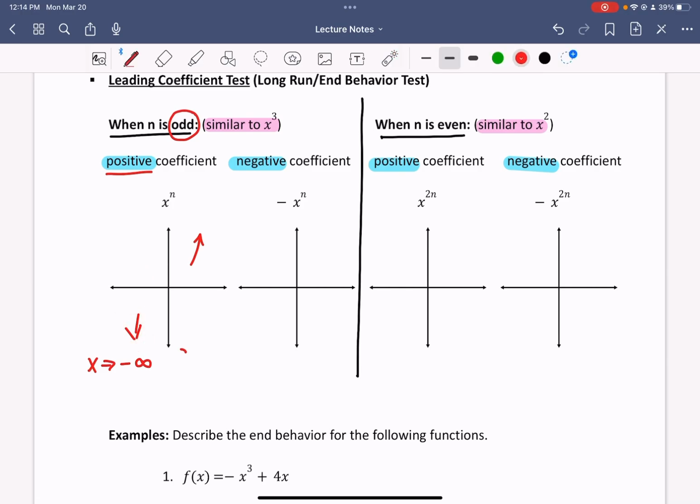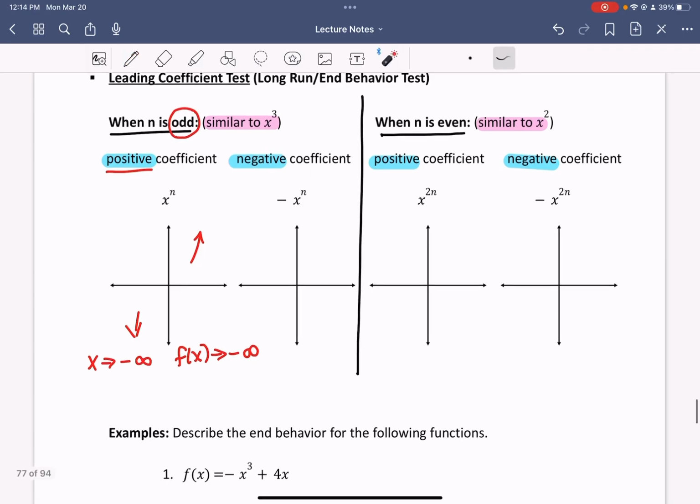So we would say that f of x goes to negative infinity. And then we would say, okay, what is it doing as x goes to positive infinity, or moves this direction? So we say as x goes to positive infinity, just putting the plus on there for emphasis, what is f of x doing? It's going upward, or it's going to positive infinity.